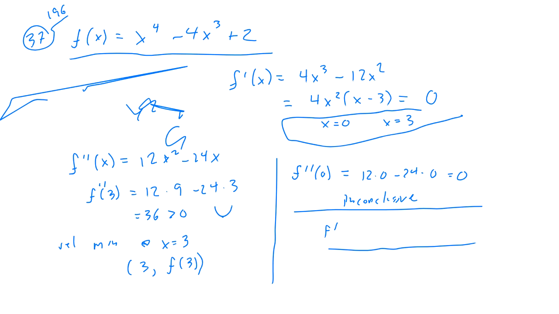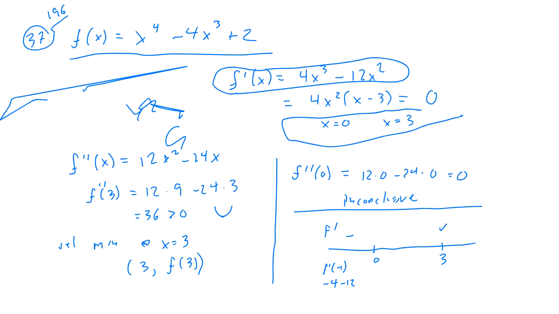So we need to go back and look at f prime. I'll put my two critical numbers on here, 0 and 3. I already know what happens at 3. I know that 3 is a relative minimum, but I need to test around 0 to figure out what happens there. So I'm going to go back to f prime, and I have to test intervals to the left and right of 0. If I plug in -1, f prime of -1 is -4 minus 12, and that's a negative number.